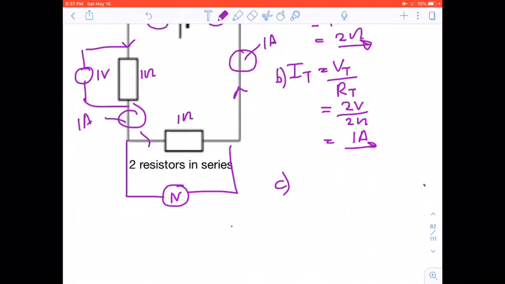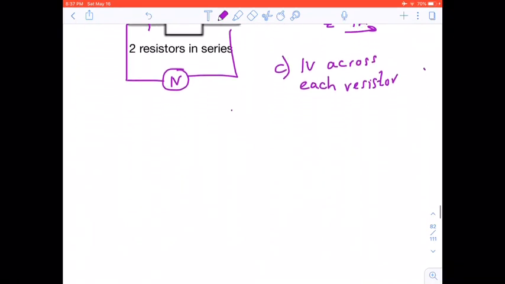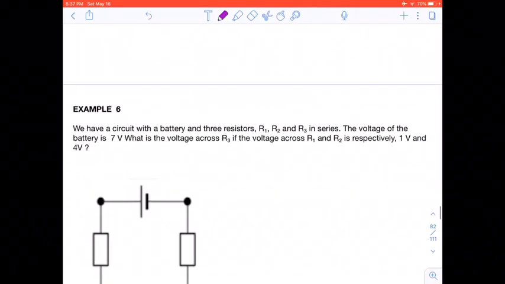So 1 volt across each resistor, correct?